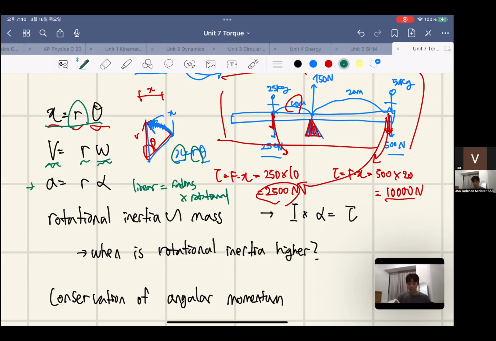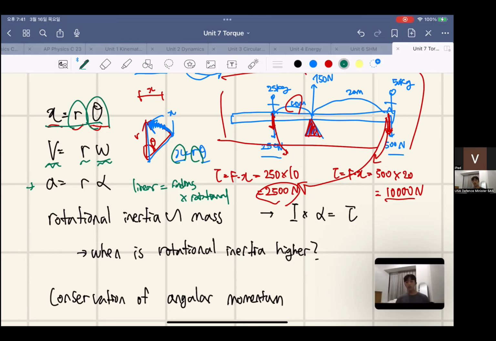So linear distance, x, equals radius times rotational distance, where rotational distance also means angle, and angle can be expressed by theta. Same, linear velocity equals radius times rotational velocity, where rotational velocity can be expressed as omega. Linear acceleration, a, is equal to radius times rotational acceleration, where rotational acceleration means alpha.